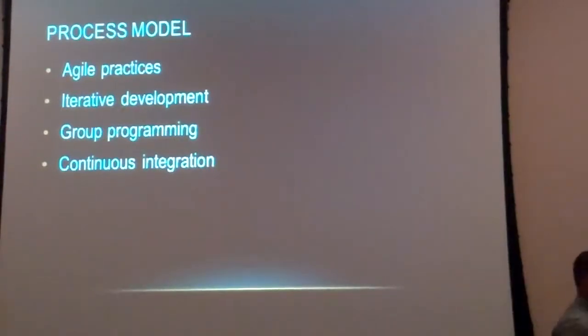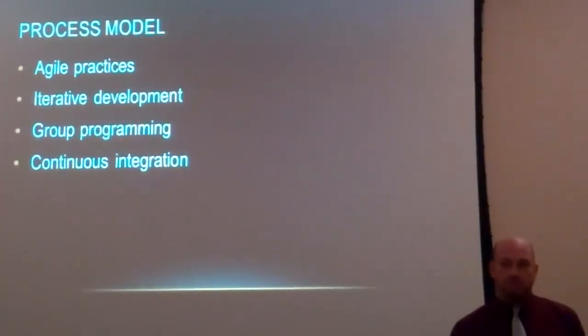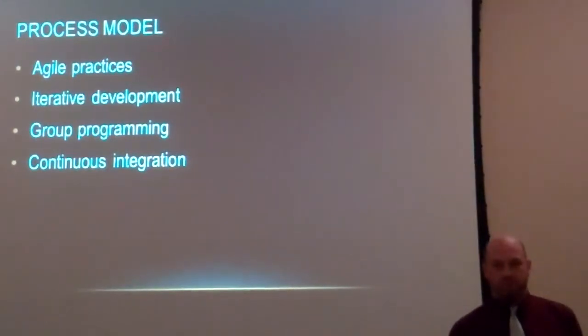So we're going to be using agile methods. We're using Jira for project management. We're using an iterative development style where we meet once a week and produce our minor versions over the course of a code sprint.